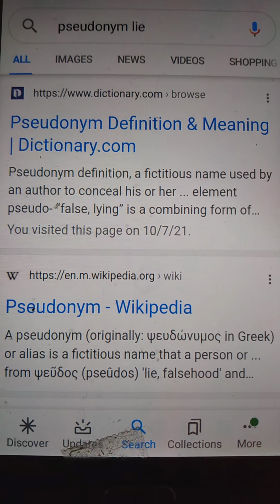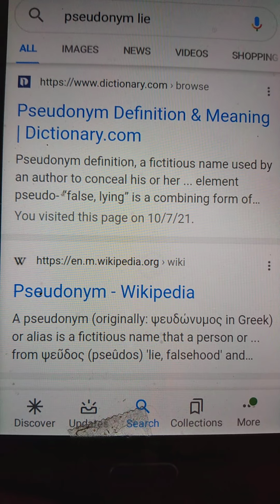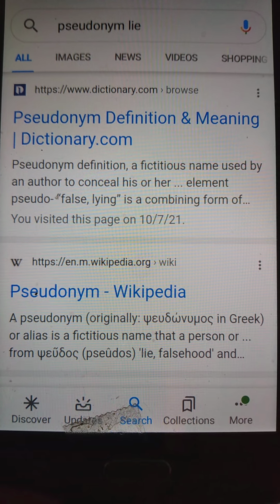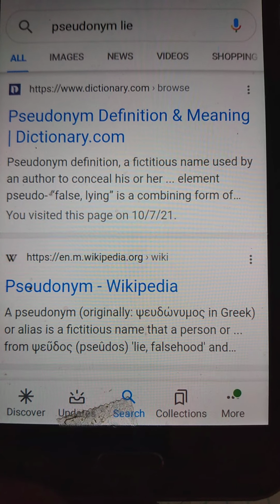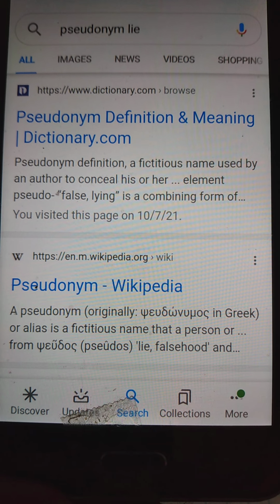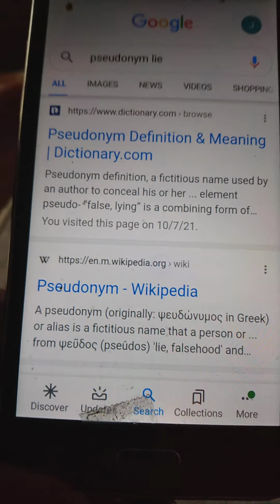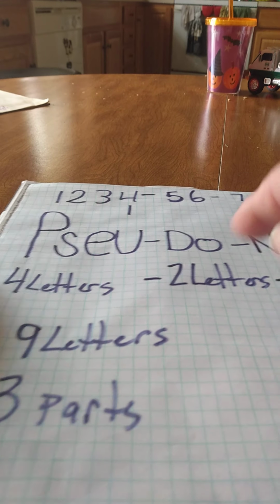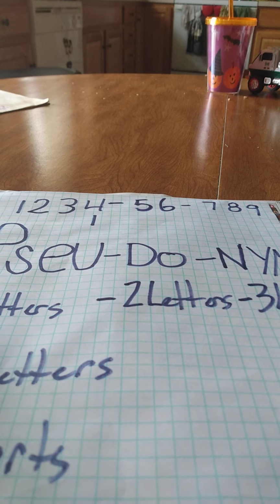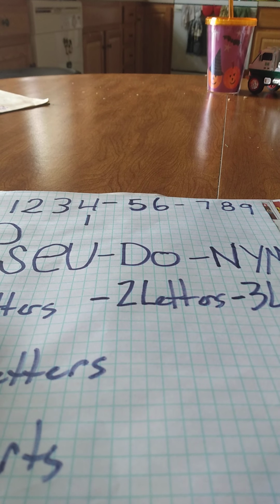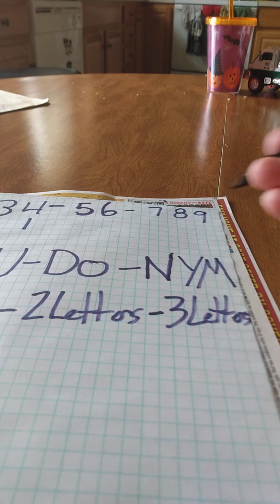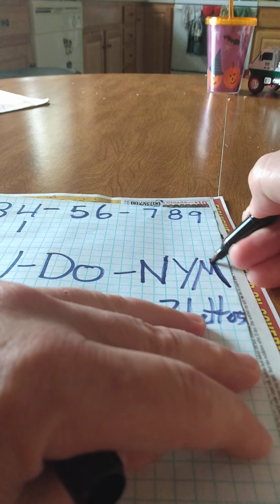Pseudonym, definition and meaning, dictionary.com. Pseudonym, definition: a fictitious name used by an author to conceal his or her identity. Pseudo: false, lying. Okay, so there are a lot of people out there using pseudonyms in YouTube land who think because of this, what I'm about to show you, that they won't be held guilty because they're using a pseudonym, like Robin Hood.